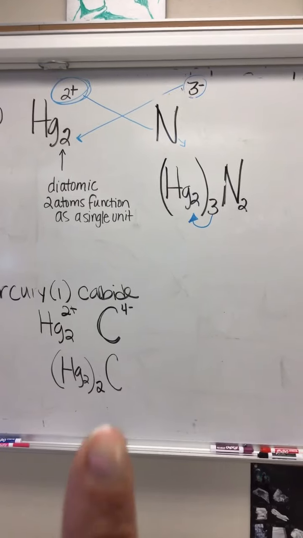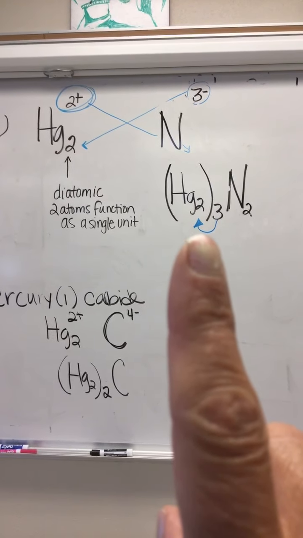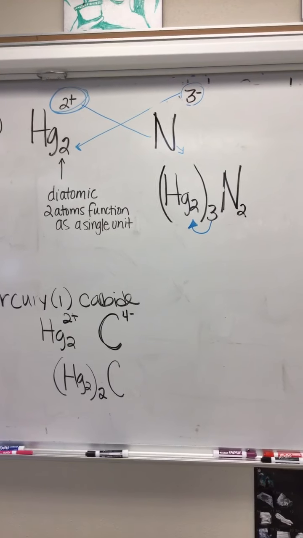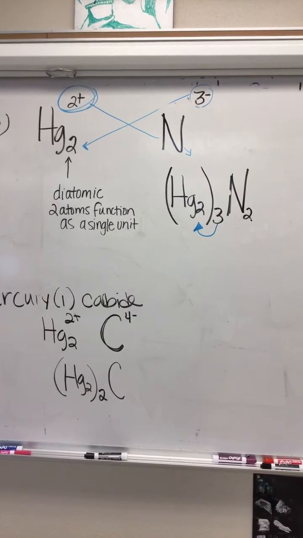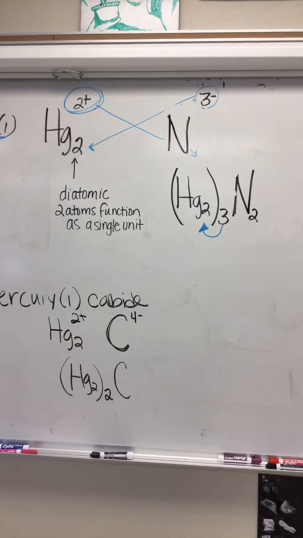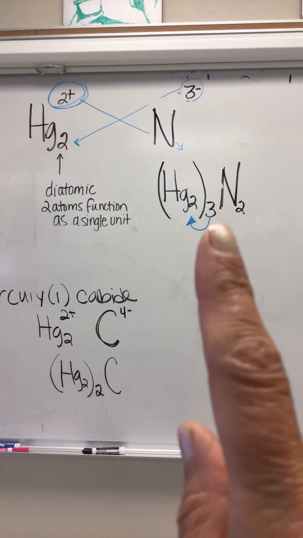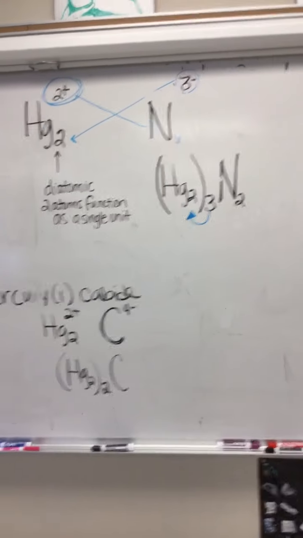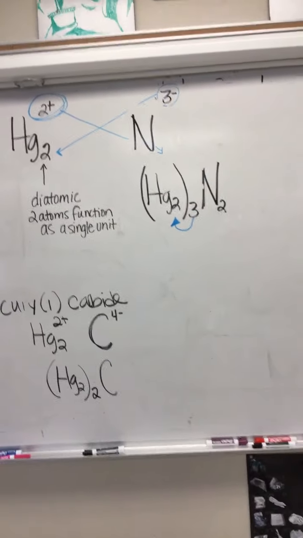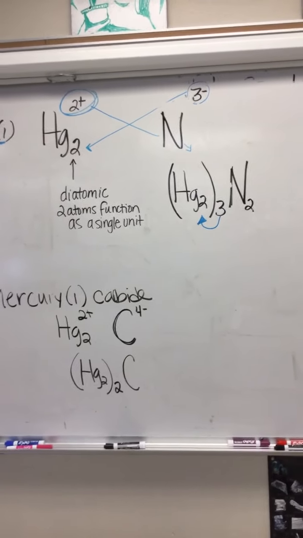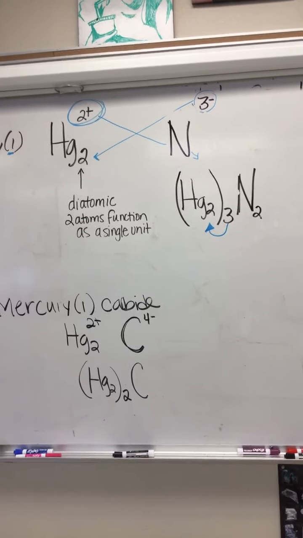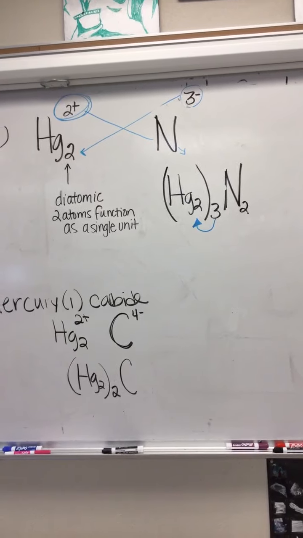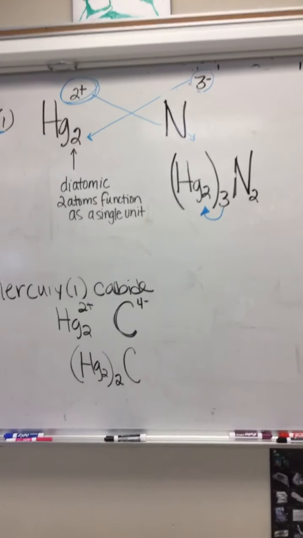So anytime that we need more than one of a special unit that is diatomic, we will wrap it in parentheses. And then the 3 right there, you will see, goes on the outside of the parentheses. You don't need that little blue line I've drawn. I just drew the blue line to show that that 3 is a multiplier, and it does only go directly to the Hg, to the mercury 1.